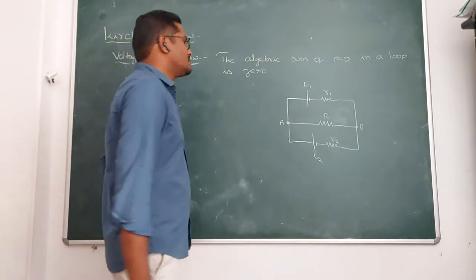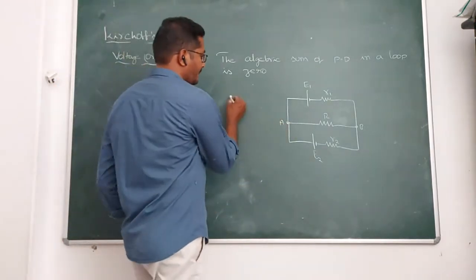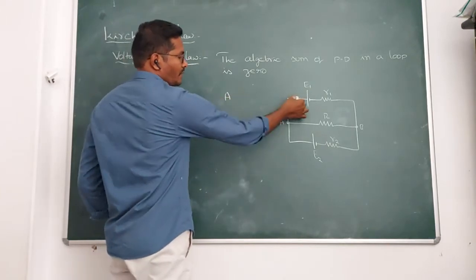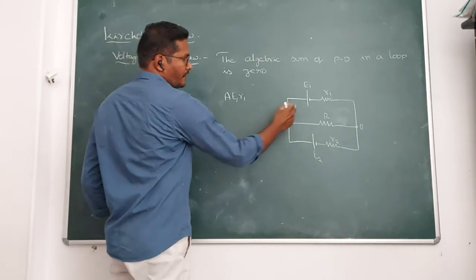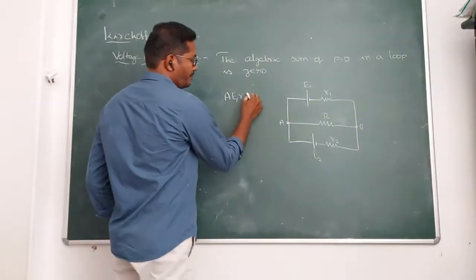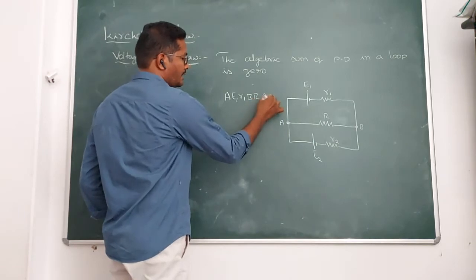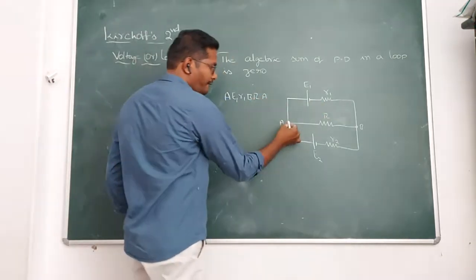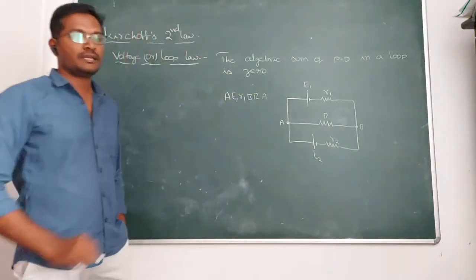If I am applying a loop, starting from A, we move towards E1 and R1, and come to B, and then come through R and enter at A, then the loop completes. From where we started, you need to end at that point, then it is said to be a loop.